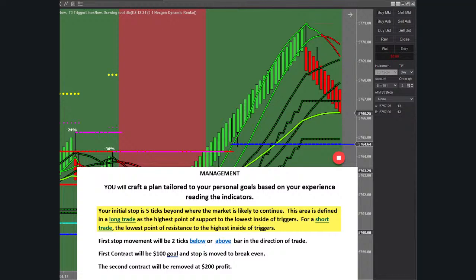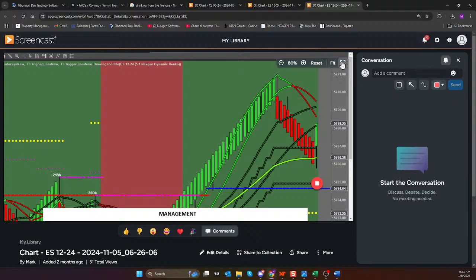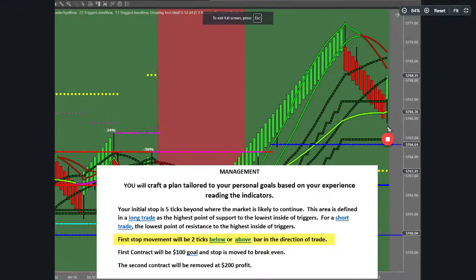So if I don't get stopped out, it means that the market gave me a reversal bar in the direction of my trade. We call this a confirmation bar. It is confirming that the market is now going up with the trend. It is confirming that it's going up with momentum, with the clear path. If I get a reversal bar, then my new stop is 2 ticks below it. I've reduced my risk.